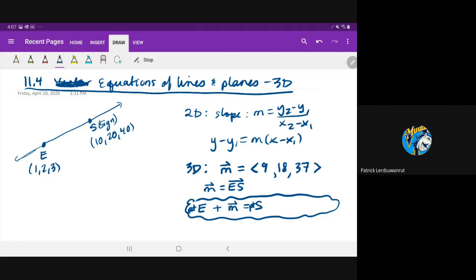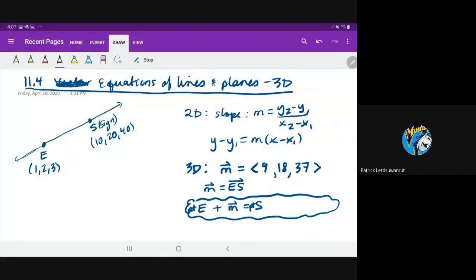But isn't that really what you do? You take the E coordinates and add the M components, and that gets you to S. Officially, there's no math operation that allows you to add points and vectors.